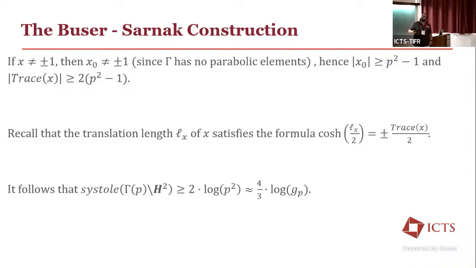If you put this trace estimate over here, and then you solve for the length, you get the systole is going to be bigger than twice log of p squared, which, just futzing around with logarithms of powers of p, is 4/3 log of the genus. That's the Buser-Sarnak construction. Are there any questions so far?